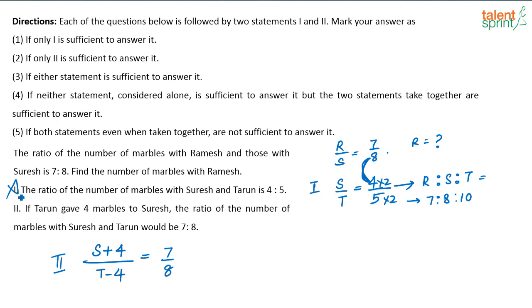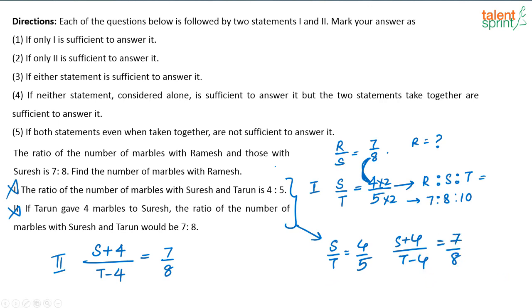But if I combine statements 1 and 2 together, then I have S by T equal to 4/5, and I also have S plus 4 by T minus 4 equal to 7/8. So I have two equations, two unknowns.